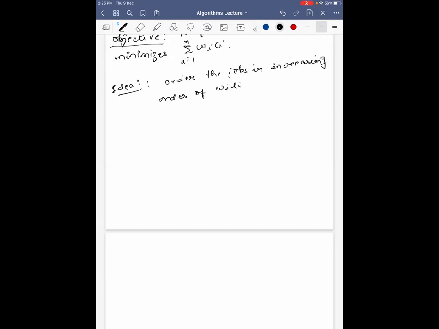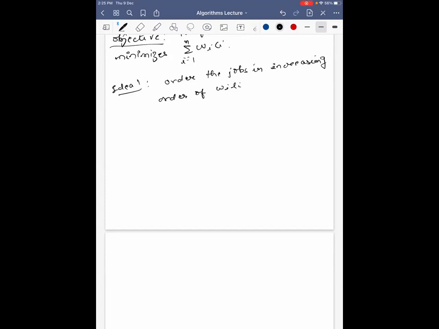So let us try to look at some special cases of this problem first. That might give us some idea about what might work.